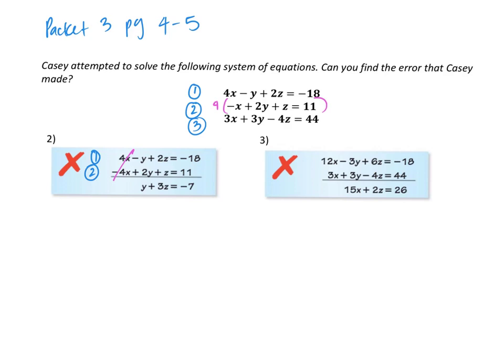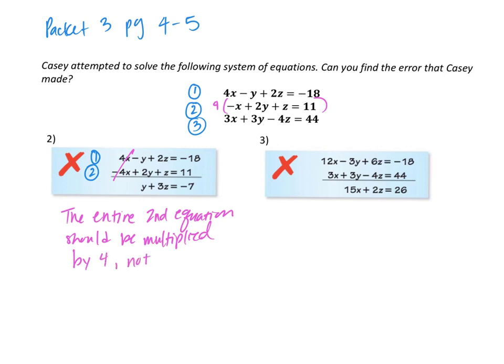So I'm just going to say the entire second equation should be multiplied by 4, not just the x term.